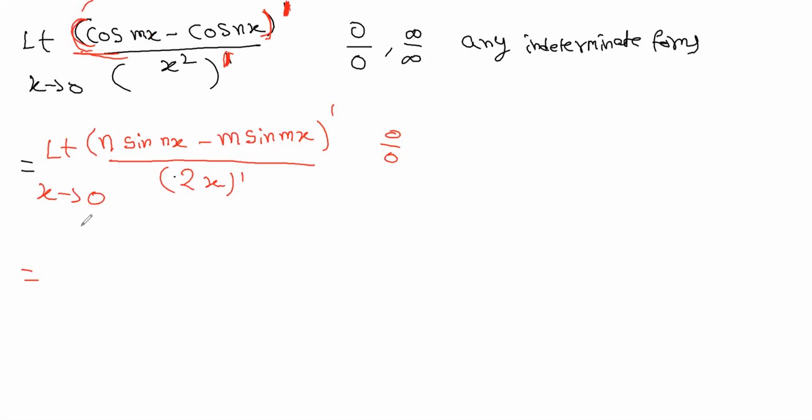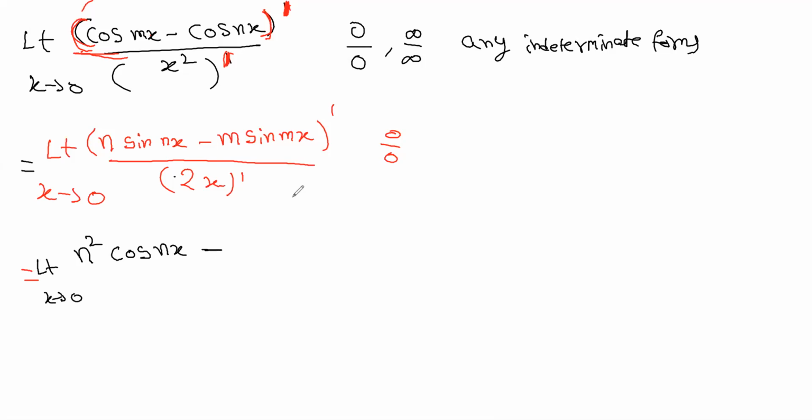Now this becomes n square cos nx, not x, nx. Now minus, the limit is still x tends to 0.